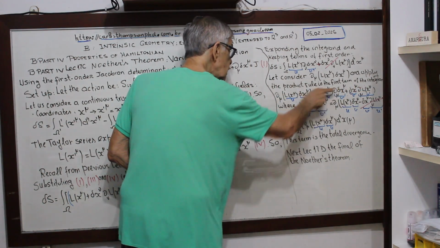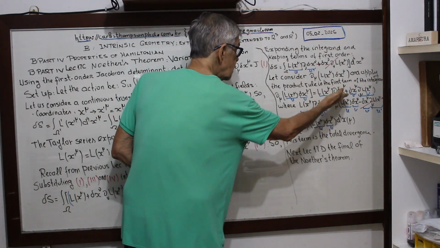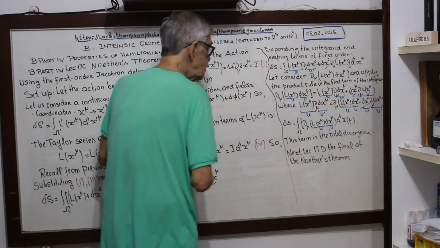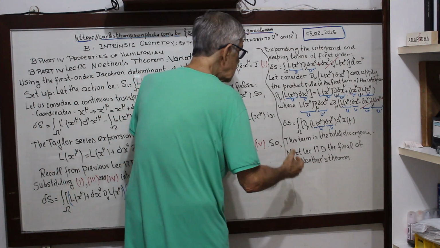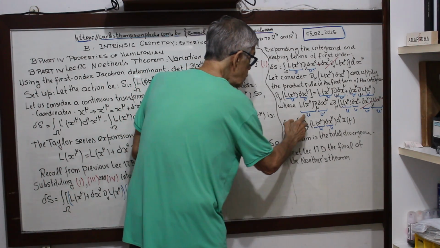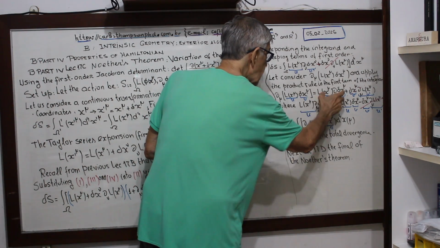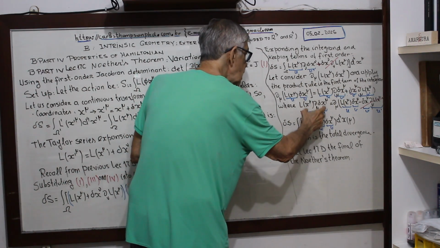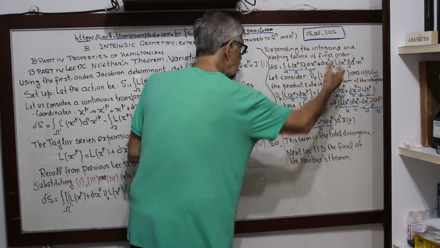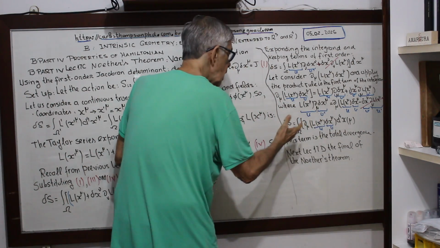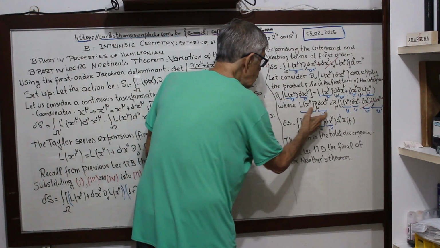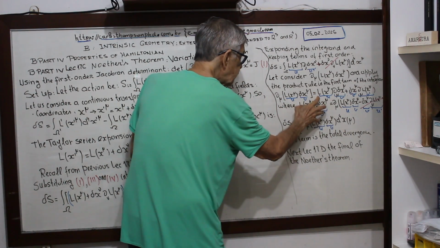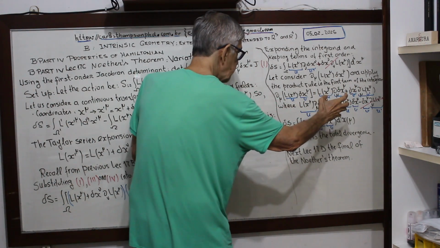Now I can obtain uv prime: I put this term on the left hand side and that term on the right hand side. So uv prime is equal to (uv) prime minus vu prime.